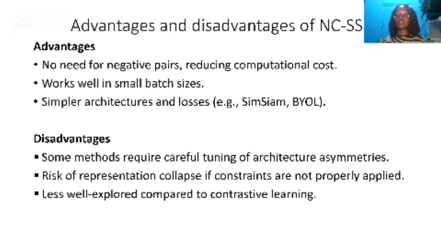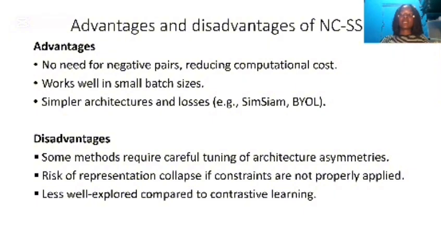Then it also works well in small batch sizes. And also it is simpler. This gives it a lower computational cost since it reduces memory requirements as compared to contrastive self-supervised learning. Then it has simpler architectures and losses.